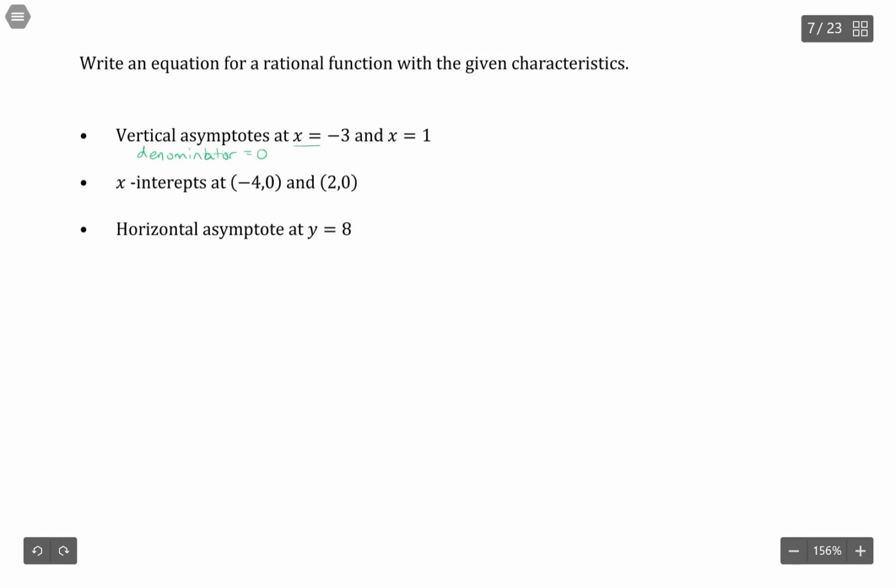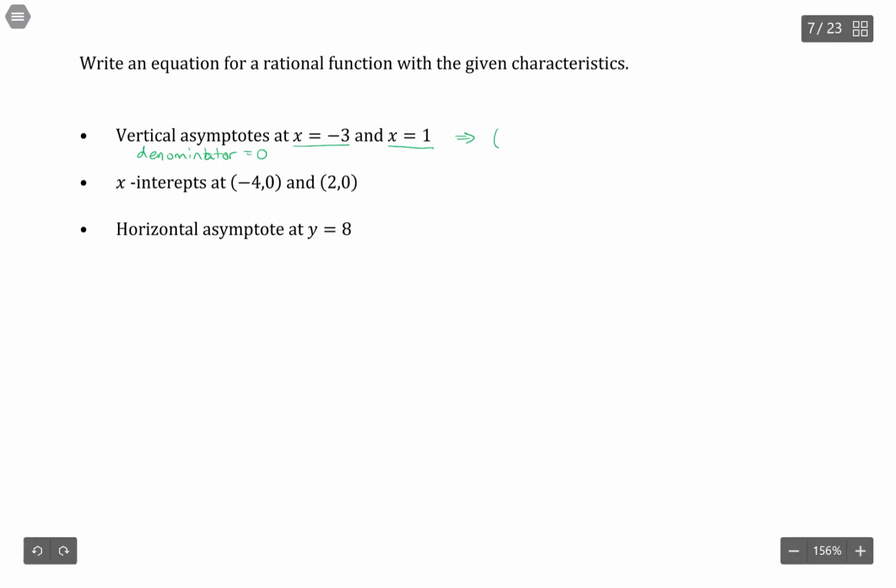So we're going to need these values right here to be zeros of the denominator of this rational function that we're creating. So what I need to do is change them into factors, which is relatively simple to do. I just set them equal to 0 and solve. So I just add the constant to the other side to get them set equal to 0.